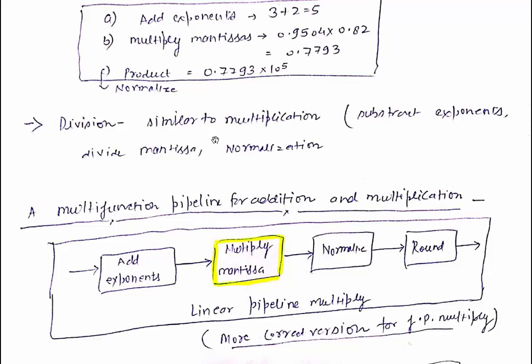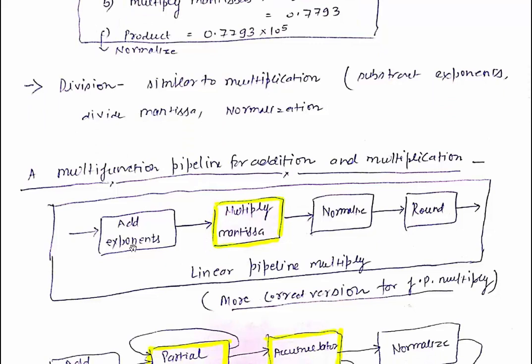So within a single non-linear pipeline, you are able to generate multifunction outputs. This is your multiplication pipeline: add exponent, multiply mantissa, normalize and round off. This is your linear pipeline of multiplication.